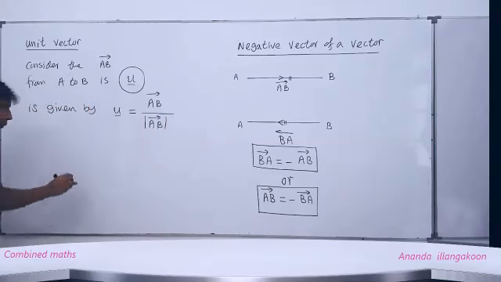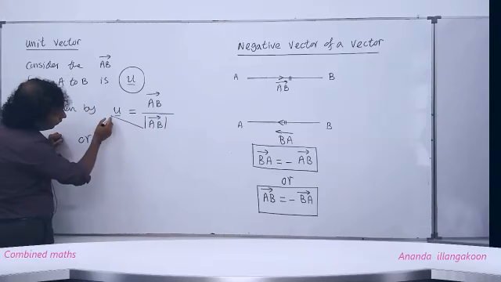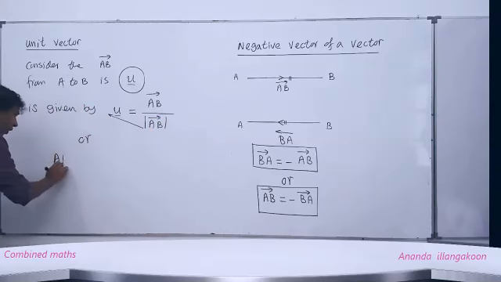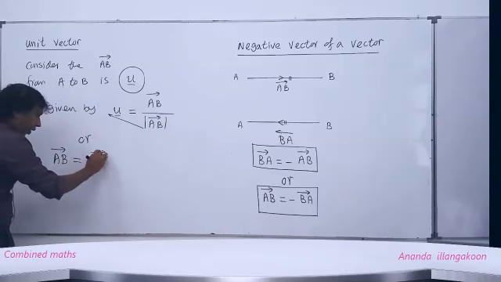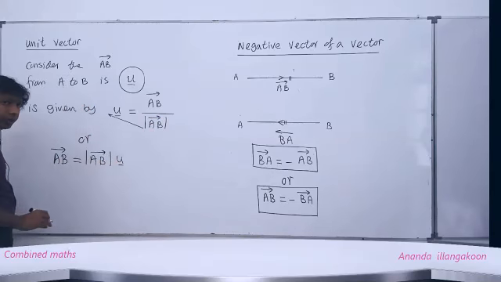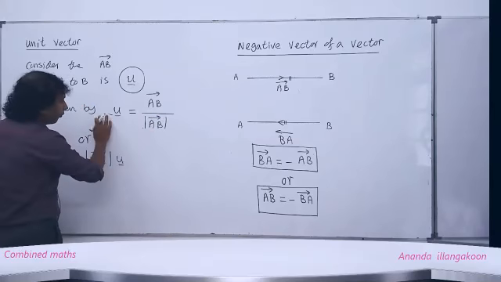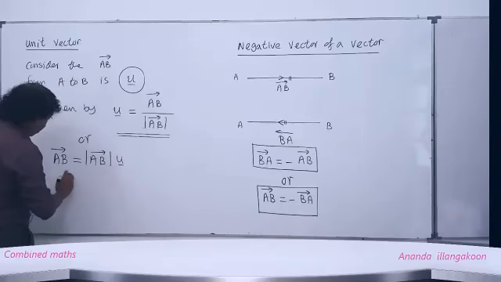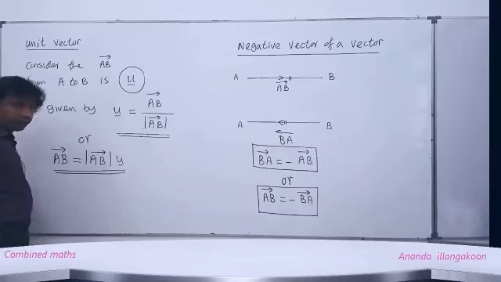Or the same thing you can write by using cross multiplication to this end. Or AB vector is equal to AB vector modulus times U. Understood? Right.